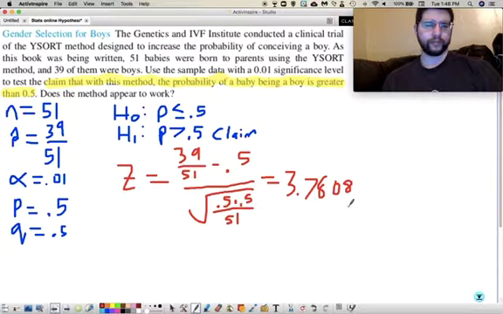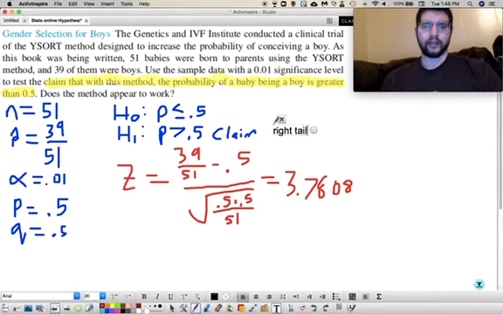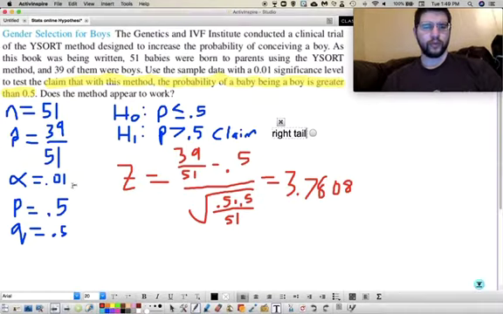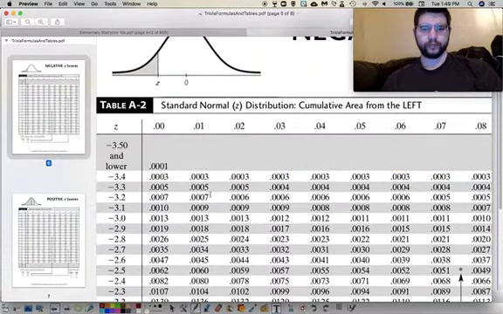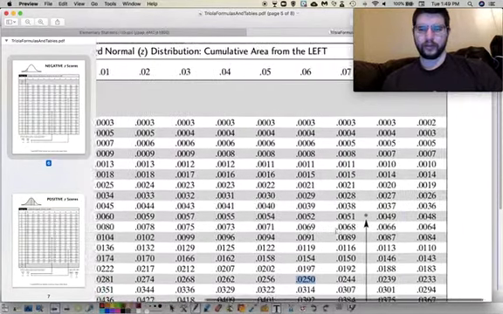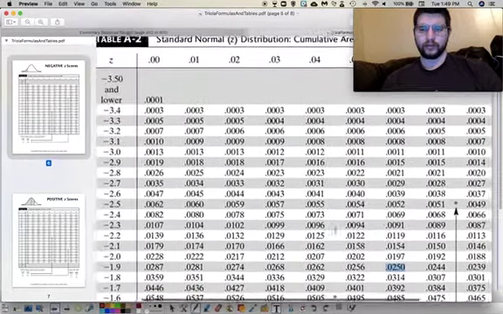Now I'm going to get my critical value. Alpha is 0.01. We have a right tail, thanks to our alternative telling us it's greater than. That means we look up alpha, not cutting it in half, and use the positive. It's 0.01. So that's going to be close to here.